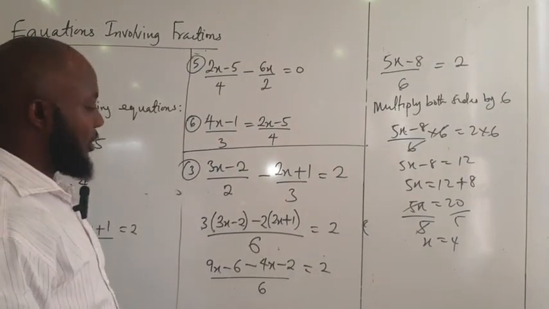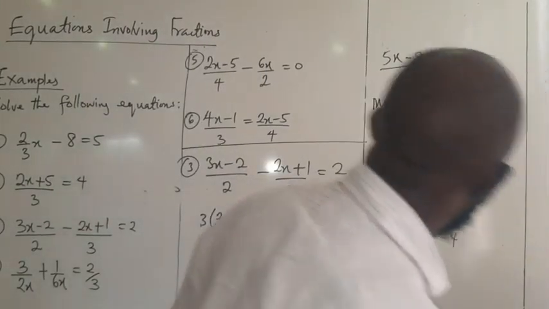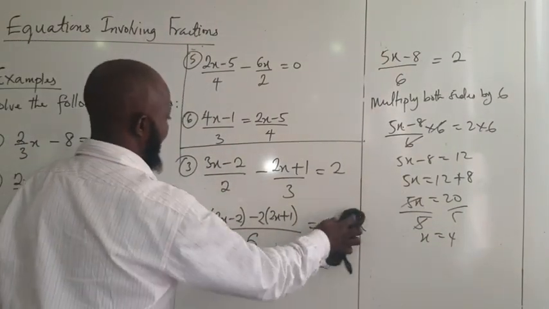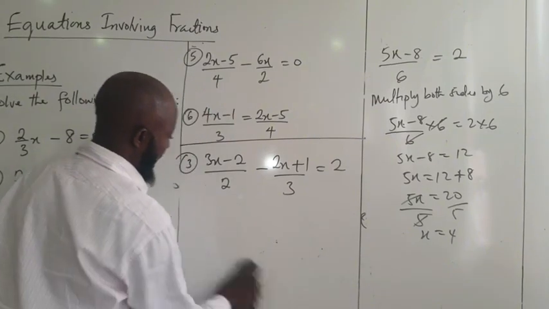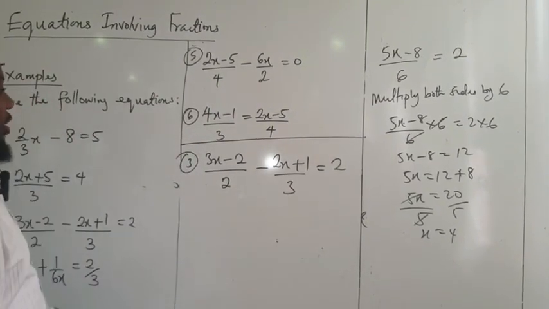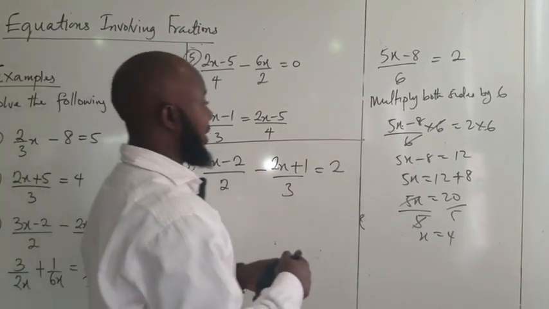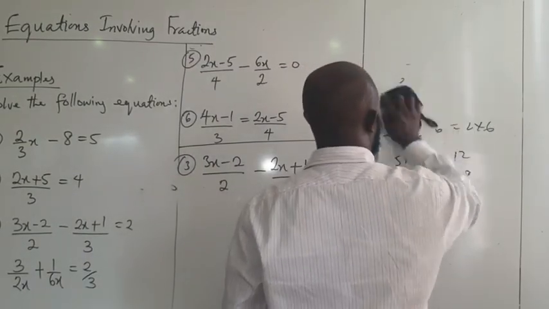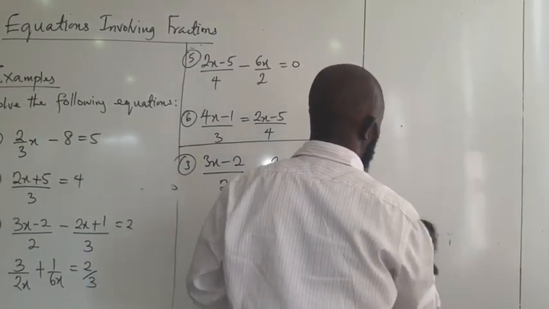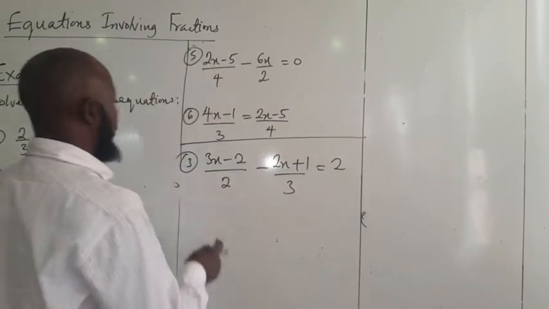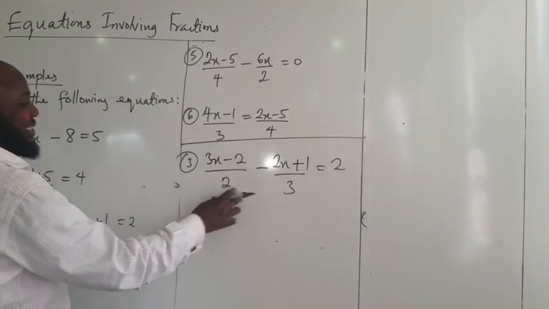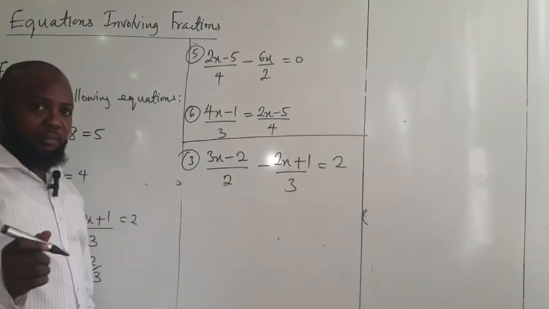So we can as well do it in another form, and you see we're going to get the same answer. So what we're going to do is that we'll find the LCM. Now see which one is faster. Then adopt the one that is best for you. So we find the LCM of the denominators, and the LCM is 6.